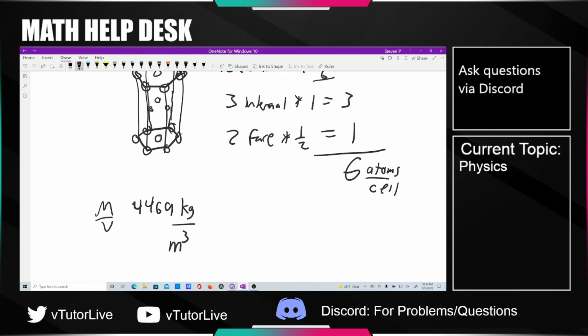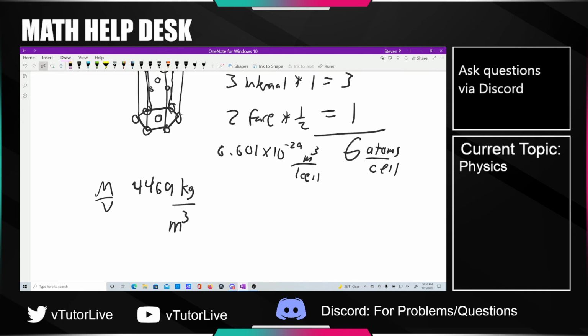and the cell volume is 6.601 times 10 to the negative 29th meters cubed per one cell. And now it's asking us to calculate the value of Avogadro's number based on this. Is this everything we need? I think so.